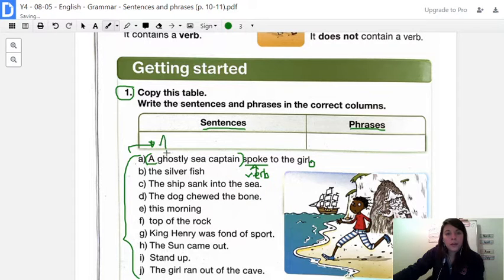So I have to write here, a ghostly sea captain spoke to the girl.